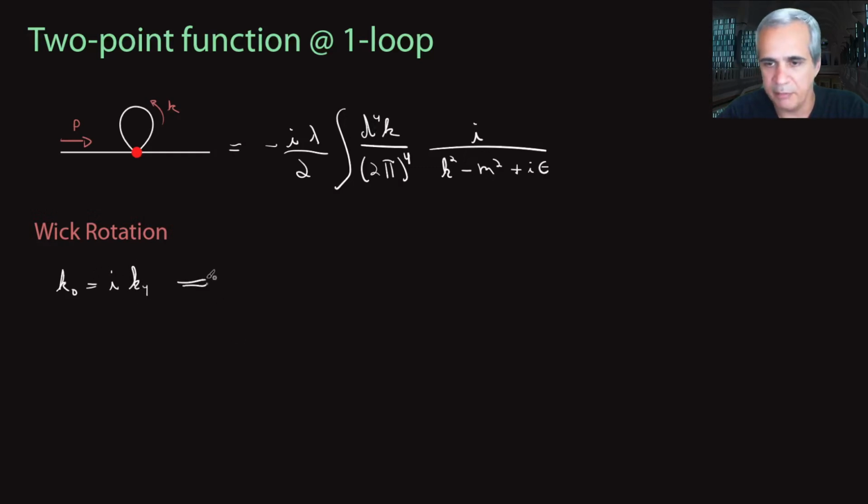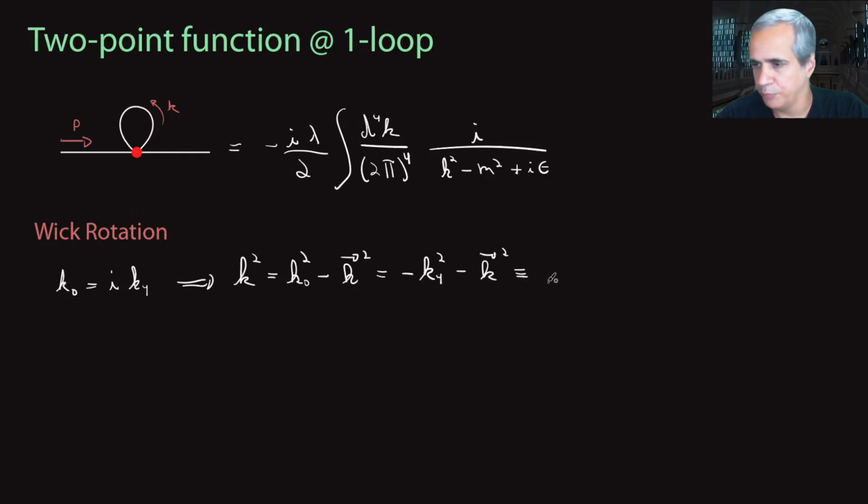That means that k square here, which in Minkowski space is just k0 square minus k vector square, becomes minus k4 square minus k vector square, which I'll call minus k Euclidean square.